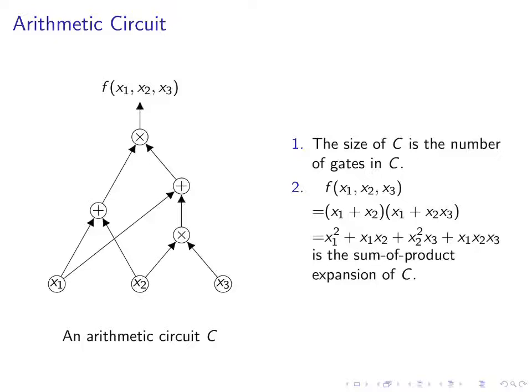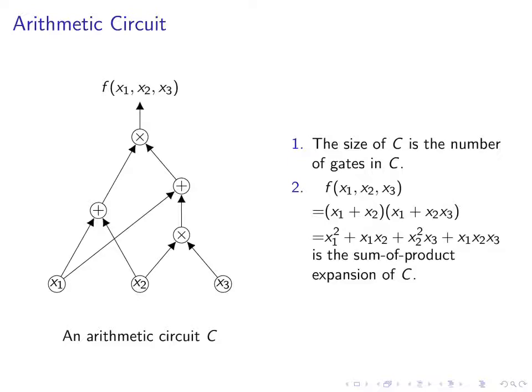A polynomial can be represented by an arithmetic circuit consisting of multiplicative and additive gates. And we say that the size of the circuit C is the number of gates used in the circuit. In the previous example, the polynomial can be written as a product of sums, and there can be other expressions.